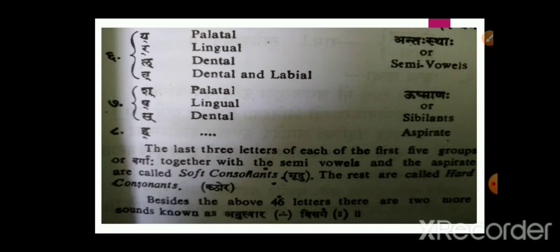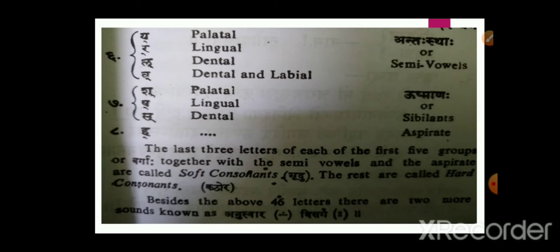The letter Ya falls under palatal, and the letter Ra comes under lingual group, and the letter La falls under the dental group, and the letter Va falls under dental and labial.